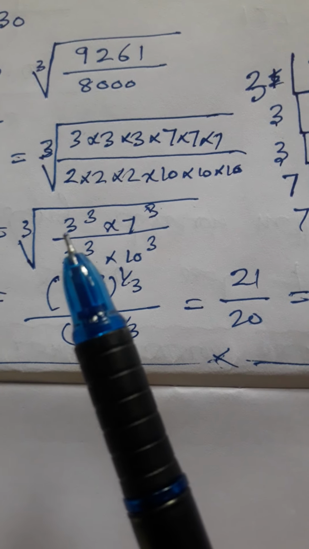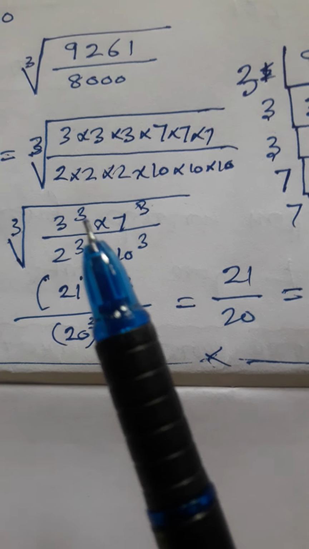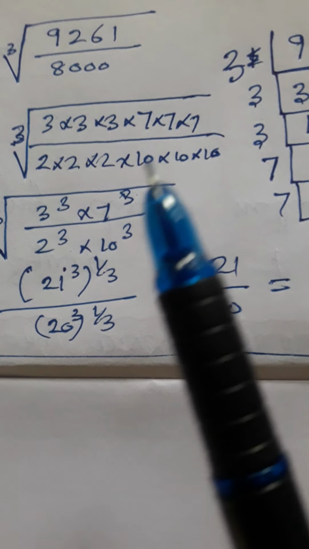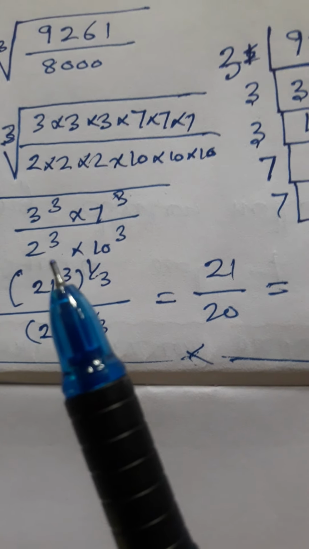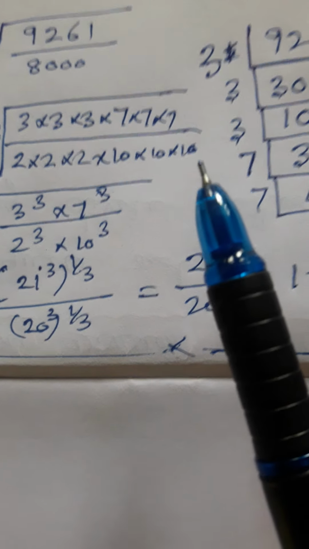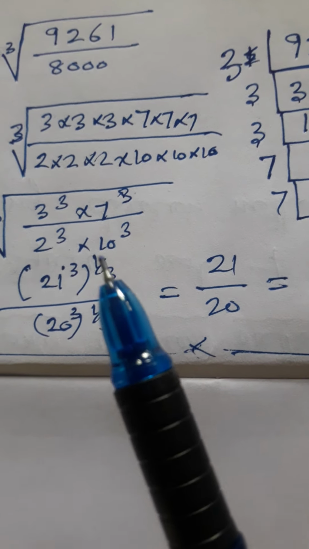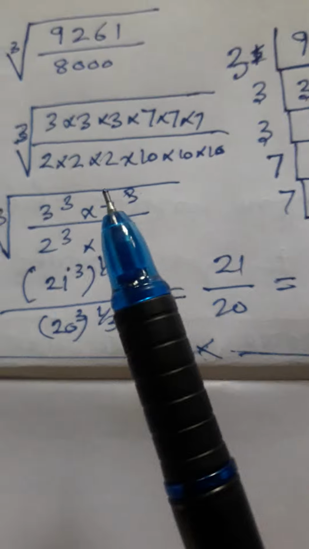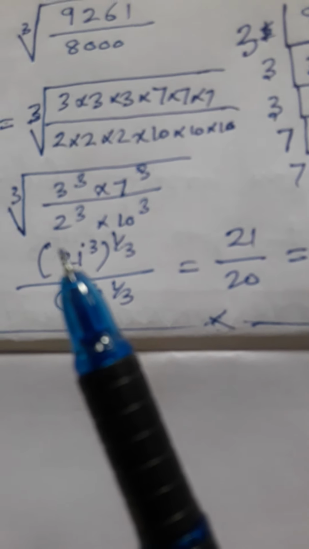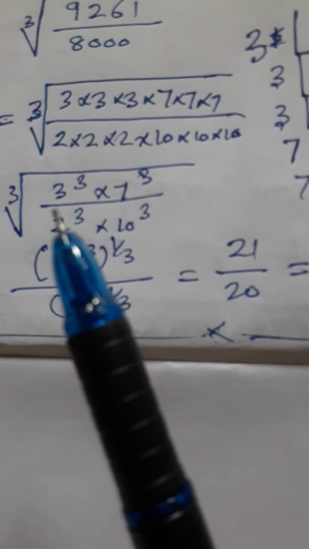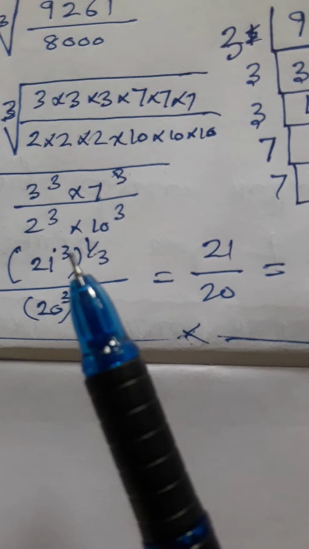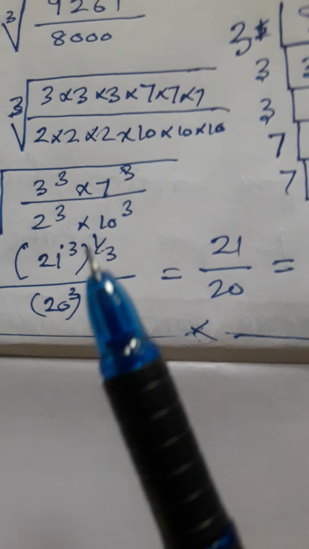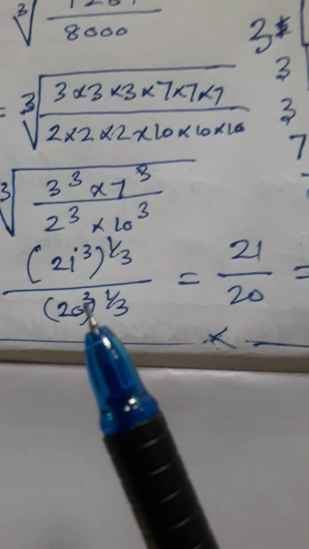So we can write 3 power 3, 7 power 3, 2 power 3 and 10 power 3. Now we rewrite it as 3 into 7, 21, to the power 3, and 2 into 10, 20, to the power 3.